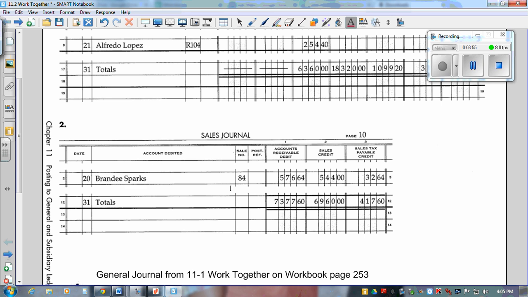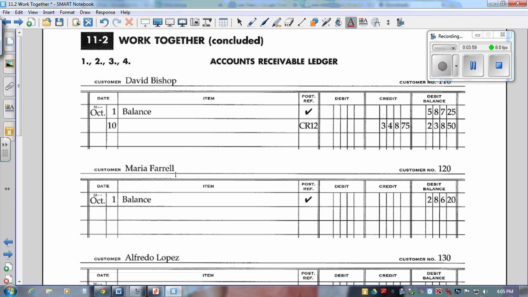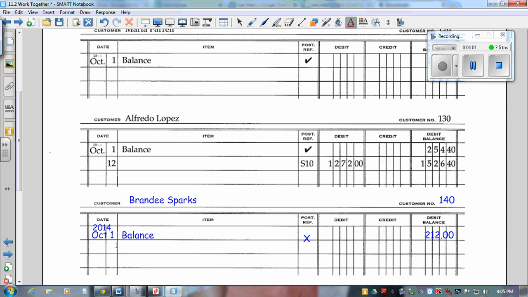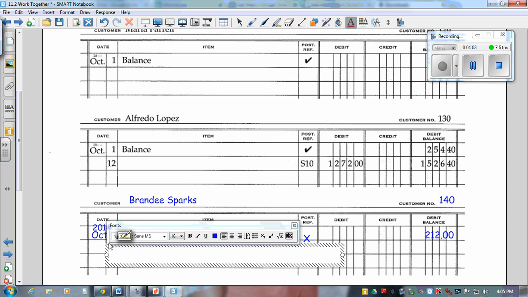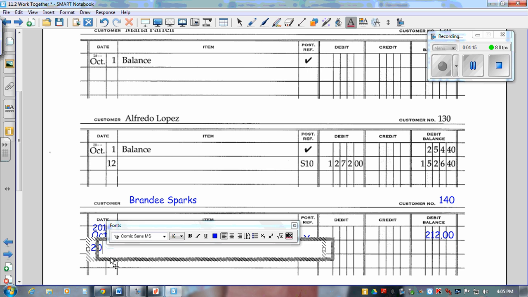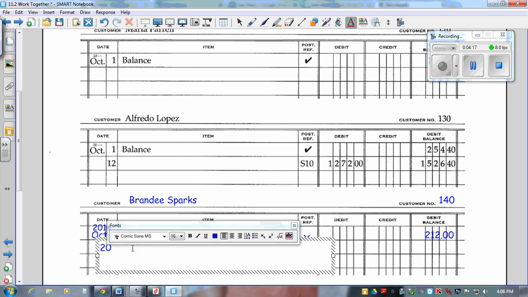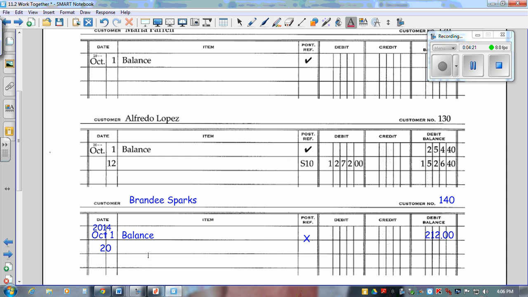So $576.64, go to her ledger. This, it said, was on the 20th, so I'm just going to put the 20th in the date area. That's pretty close.